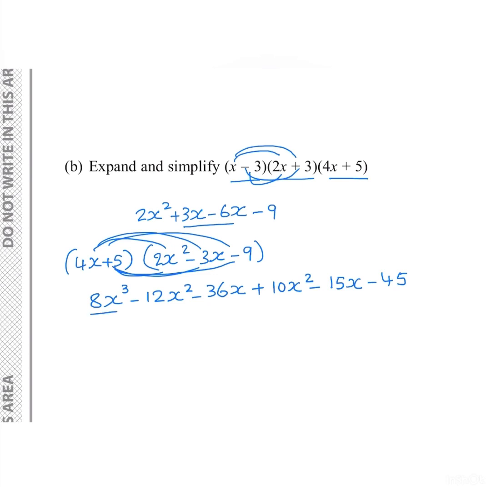So the only term with cube is 8x cubed, and then minus 12x squared plus 10x squared, that's minus 2x squared. And then we have minus 36x and minus 15x, that's minus 51x, and then we have minus 45. Okay, so a bit of working out, but eventually it will reduce to 4 terms.